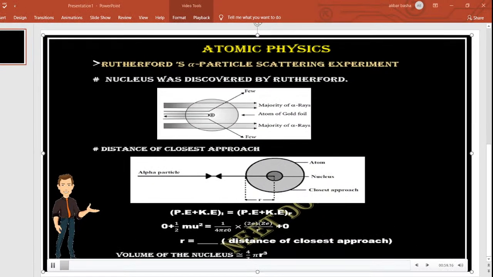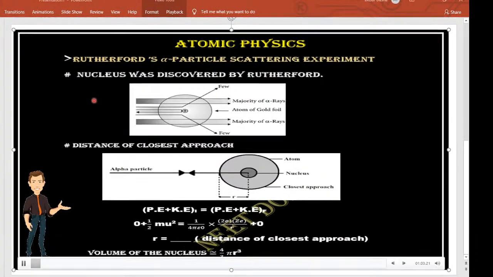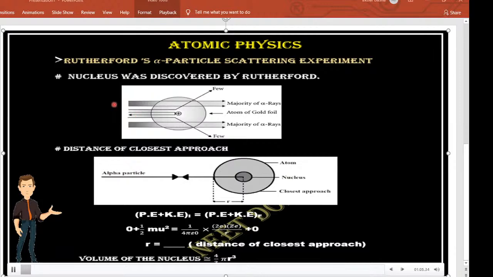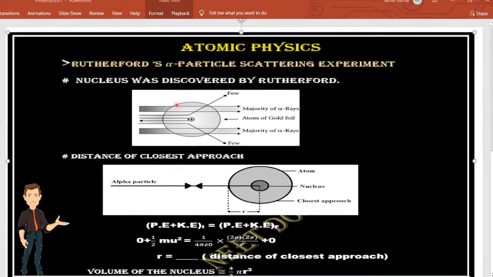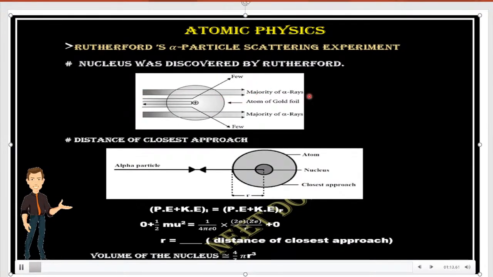In the alpha particle scattering experiment, we all know he had sent many thousands of alpha rays through a gold foil, and he found the majority of the alpha rays passed without any deviation. Only a few were deviated, and exactly one of the rays came exactly opposite to the initial path.